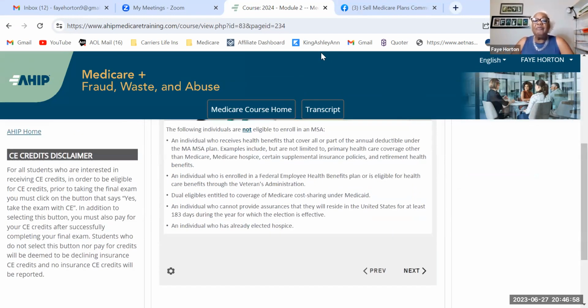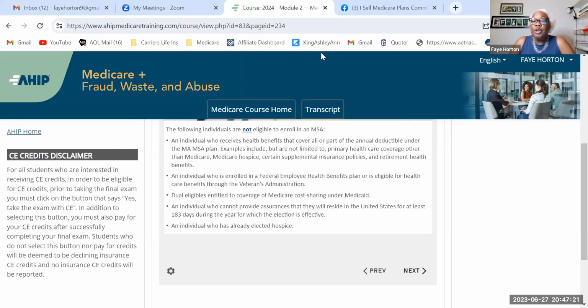The following individuals are not eligible to enroll in an MSA. An individual who receives health benefits that cover all or part of the annual deductible under the MSA plan.